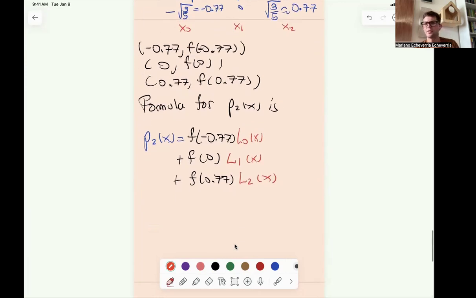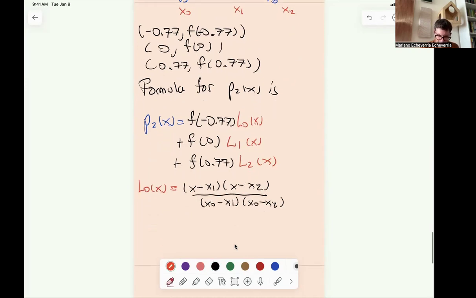Not that you need to write it down in so much detail, but just to connect it to what we were doing before. So what would be L0 of x? It would be x minus x1 times x minus x2, divided by x0 minus x1 times x0 minus x2. I'm writing it down so that you see that, if you wanted, you can write all of this down very explicitly.